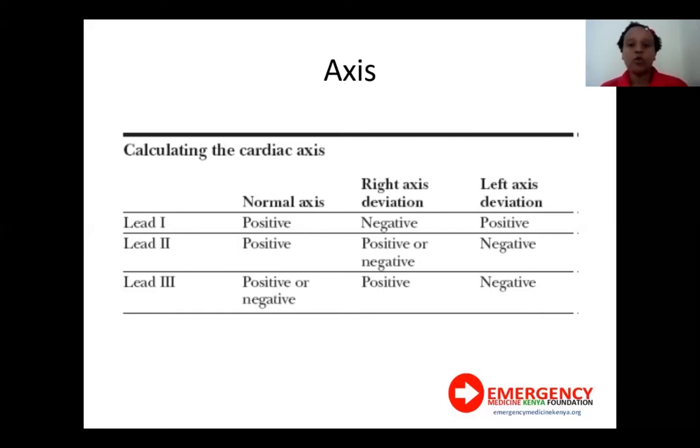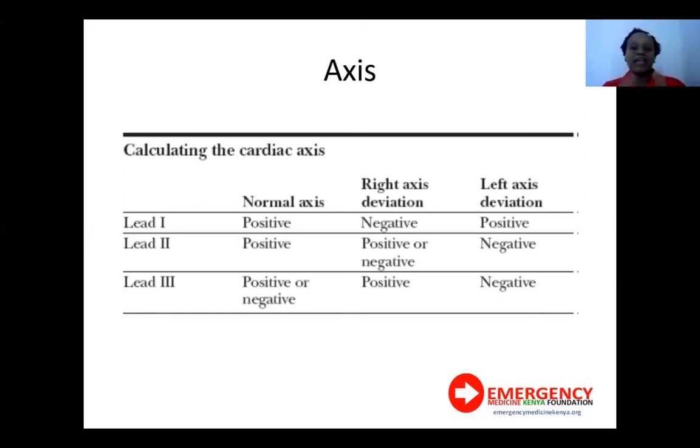When the patient's axis is normal, I look at the QRS complex of my lead 1 and my AVF. If my lead 1 is positive and my AVF QRS complex is positive, then I know that's a normal QRS. That's a normal axis.